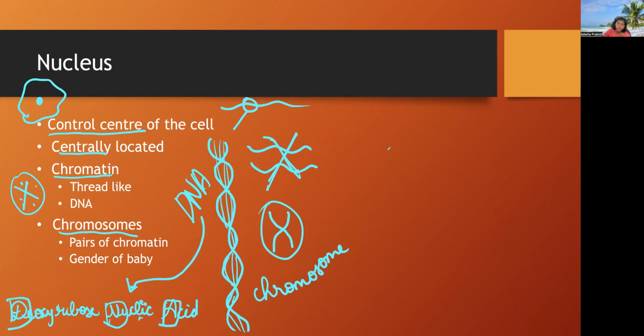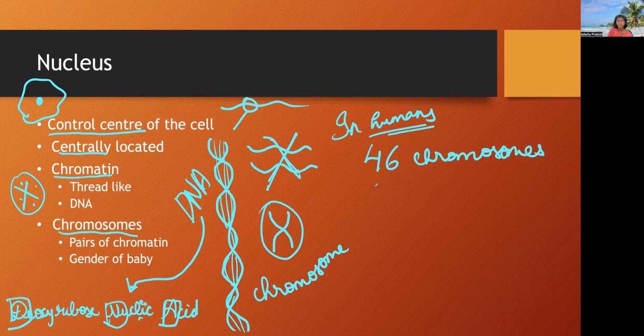So chromosomes are in all the organisms, and they are in specific numbers. In humans, there are 46 chromosomes, that is 23 pairs.